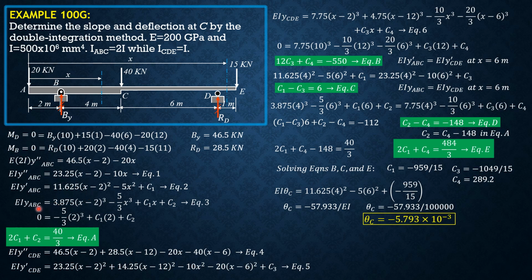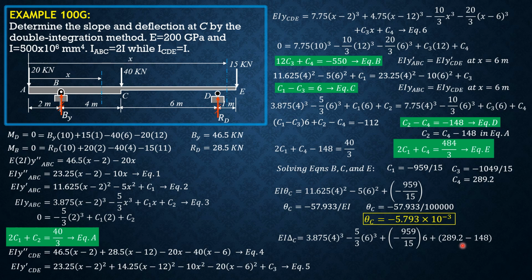Then for delta C, here or here, we just substitute it here. Take note that c sub 2 is c sub 4 minus 148 and c sub 4 is 289.2. Into this equation, EI delta C is 3.875 times 4 cubed minus 5/3 of 6 cubed plus c sub 1, which is negative 959/15 times x, which is 6, plus c sub 2, which is quantity c sub 4, 289.2 minus 148.